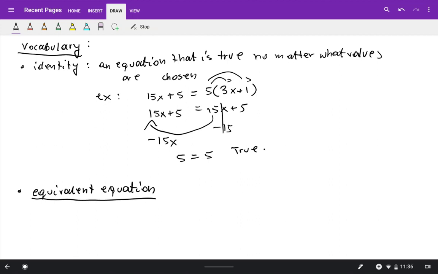Equivalent equations are equations which have exactly the same solution.